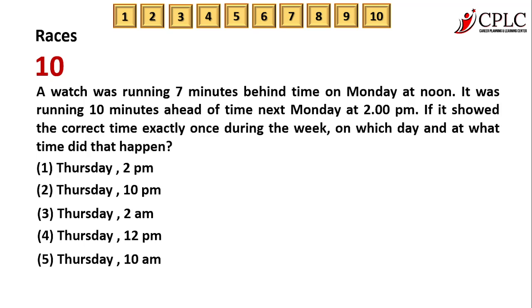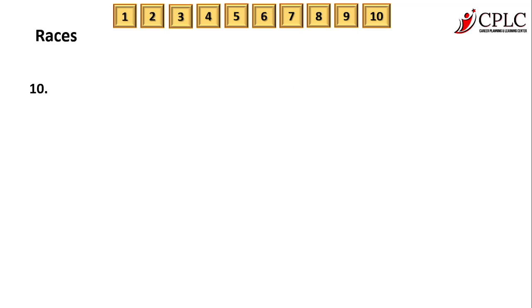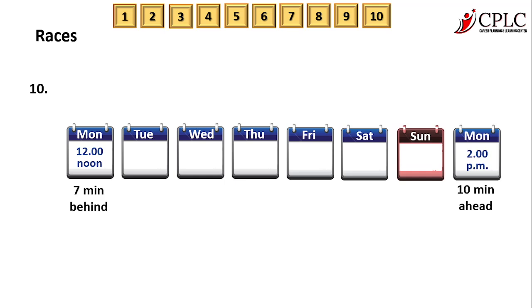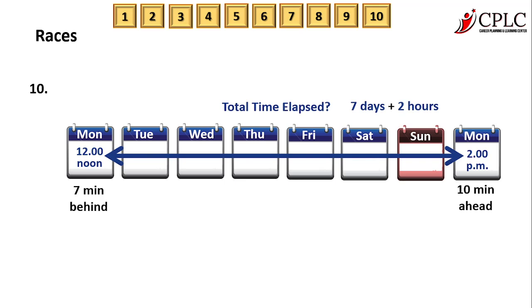First we need to identify from this Monday 12 to next Monday 2 how many hours will be there. So clearly 170 hours would have passed, because Monday to Monday 12 to 12 is 7 days, 168 hours. We have to go till 2 p.m., so 12 to 2 is another 2 hours. So 168 plus 2 gives us 170 hours to be precise.